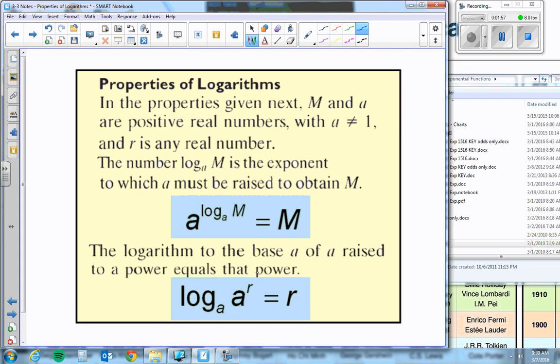Then we talk about this one. And these, it's easy in a sense. They just cancel each other out. You have a base and the log with the same base. They'll cancel each other out, and whatever is left is your answer. And it works both ways. If you do log base a of a to the power of something, then that is just your answer. It just cancels out. It's weird, but it works. Okay?